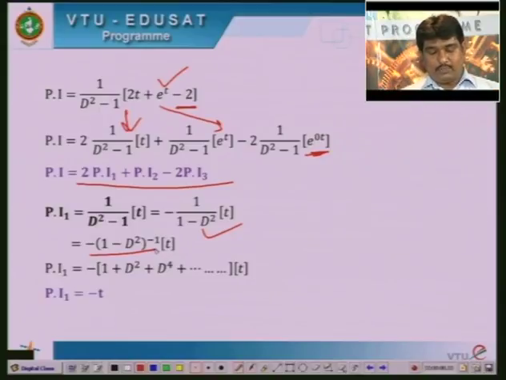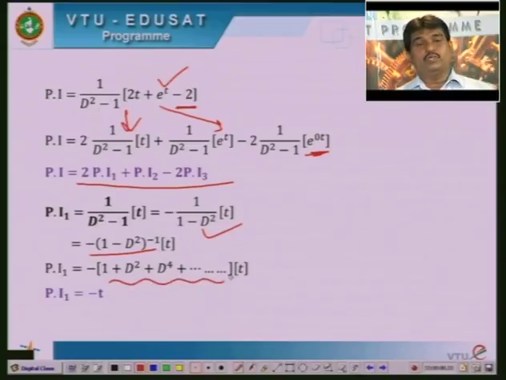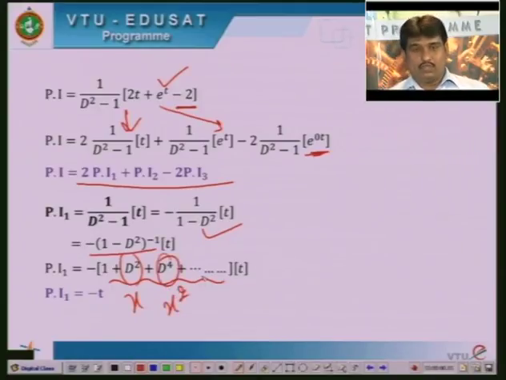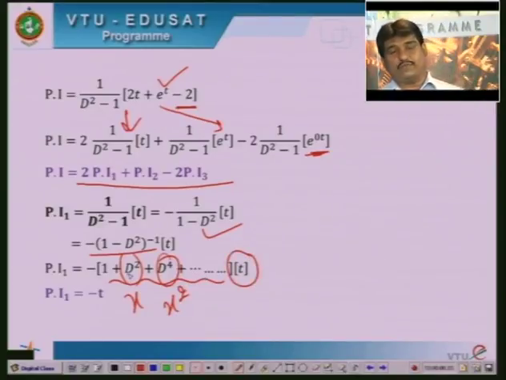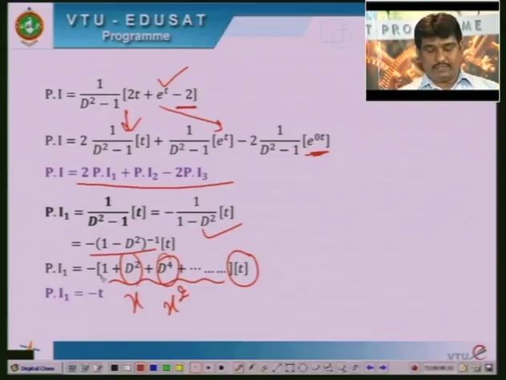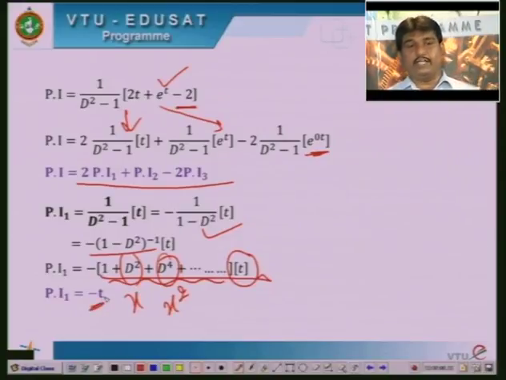You expand it using binomial expansion, which is 1 plus x plus x square plus x to the power of 4, and so on. As t is a polynomial of degree 1, the second order derivative as well as the fourth order derivative of t are 0. You are just left with 1 operated on t, which is t with a negative sign. So PI1 is minus t.